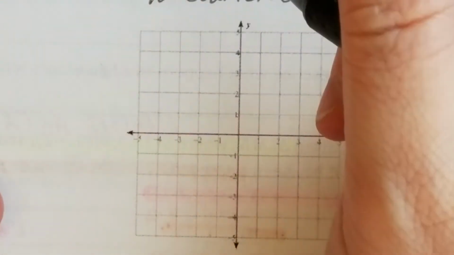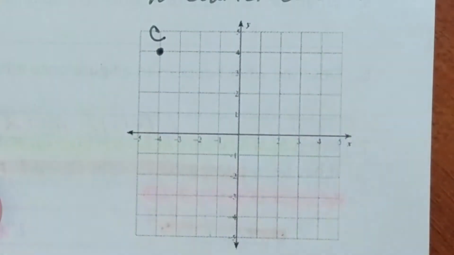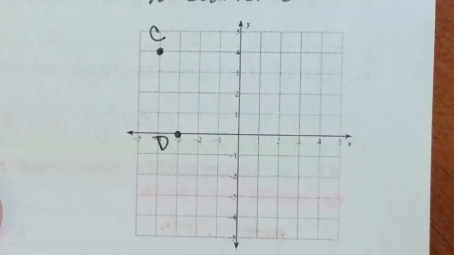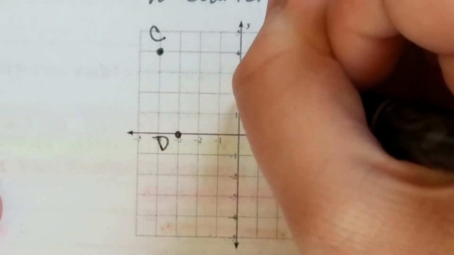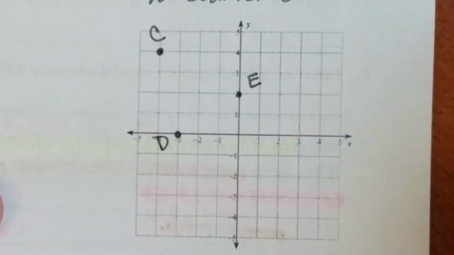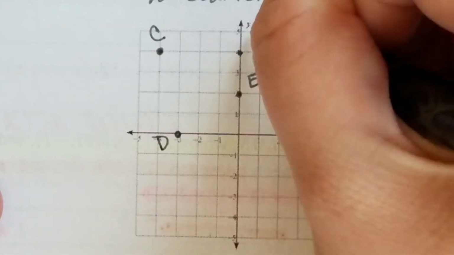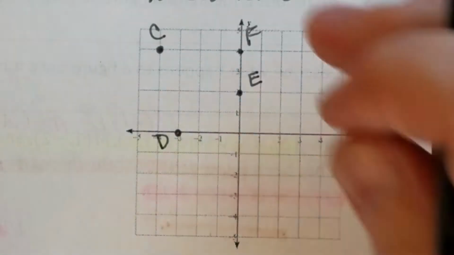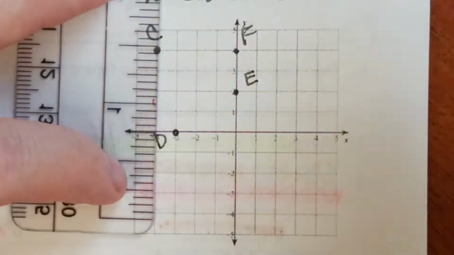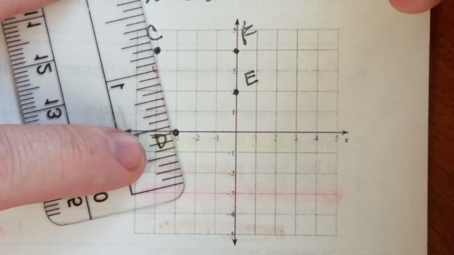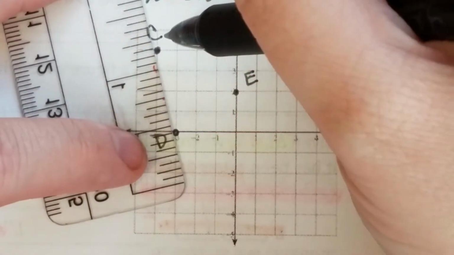We have negative 4, positive 4, and that is C. We have negative 3, 0, which is D. We have 0, 2, which is E. And we have 0, 4, which is F. So we have a quadrilateral here. I'm going to go ahead and use my straight edge to connect the dots here.